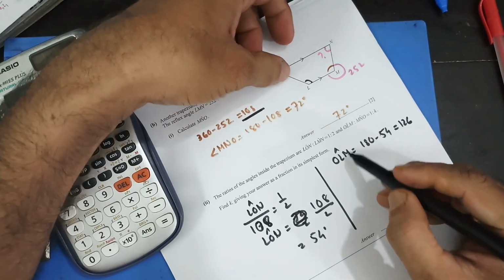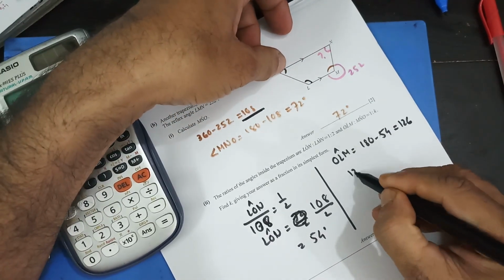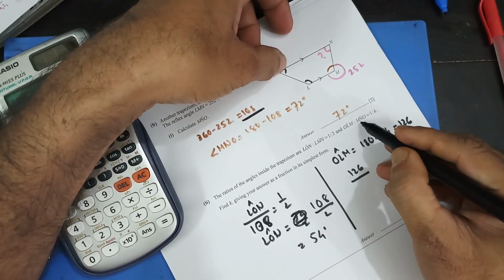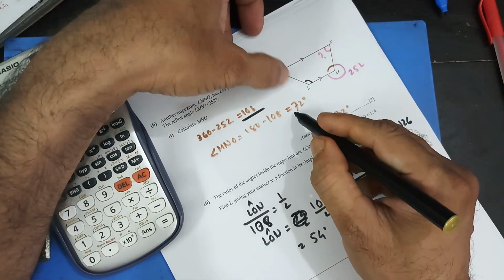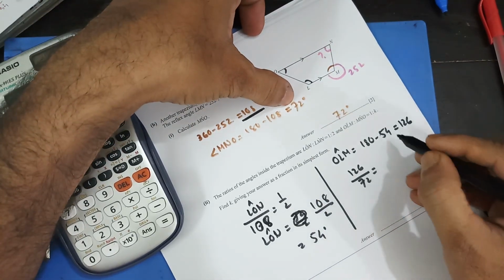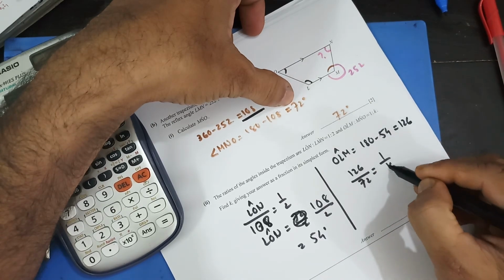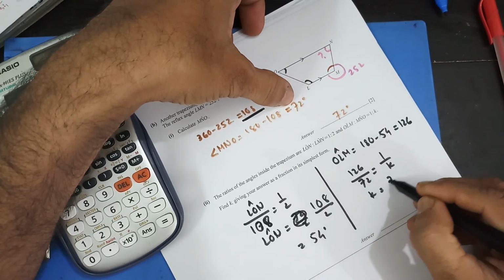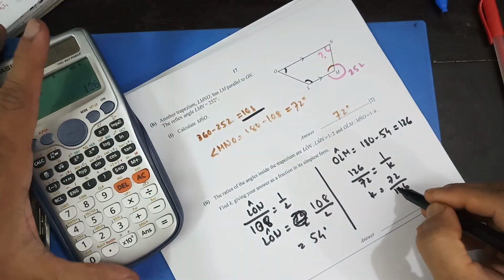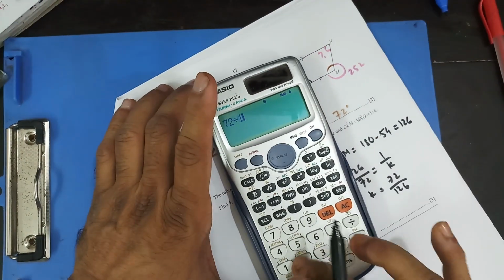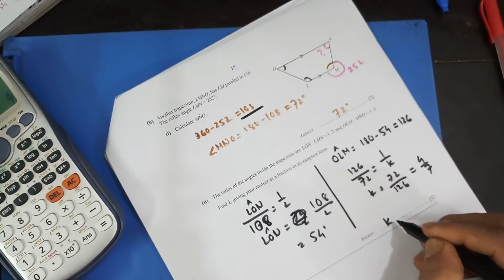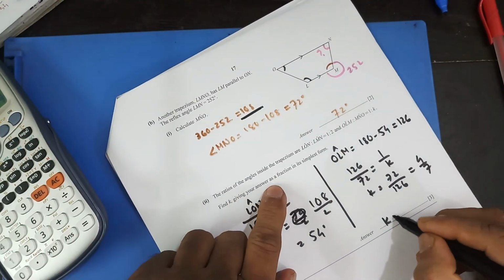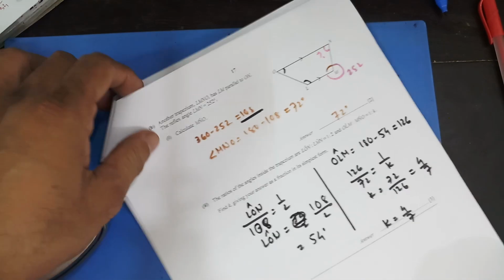Now OLM is 126, and MNO we already found is 72, and it says 1 over K. So K equals 72 divided by 126, I got 4 over 7. So K is 4 over 7. Okay, so this one is done.